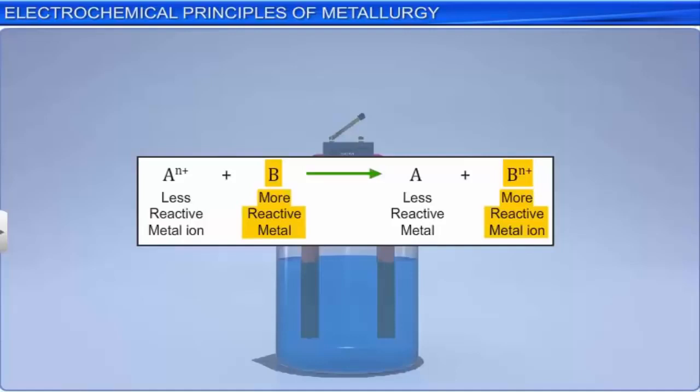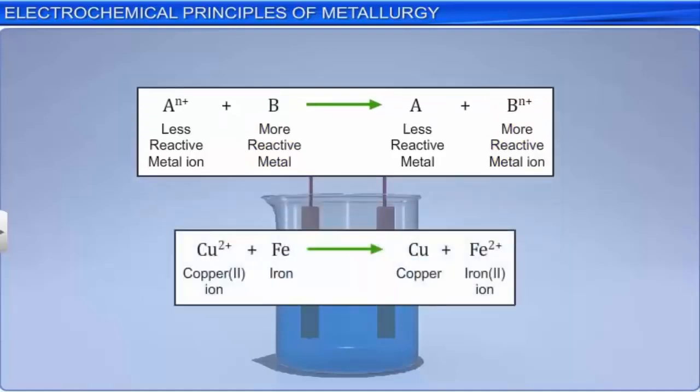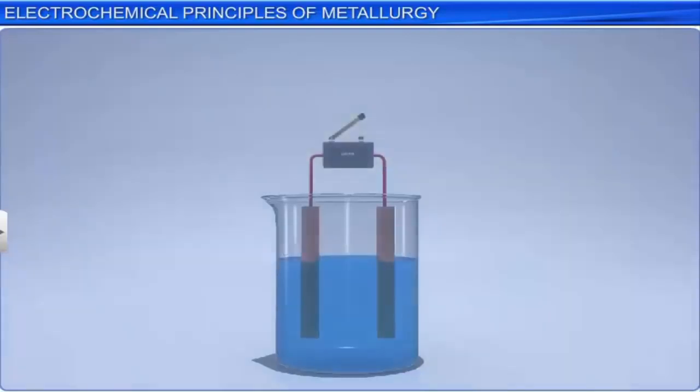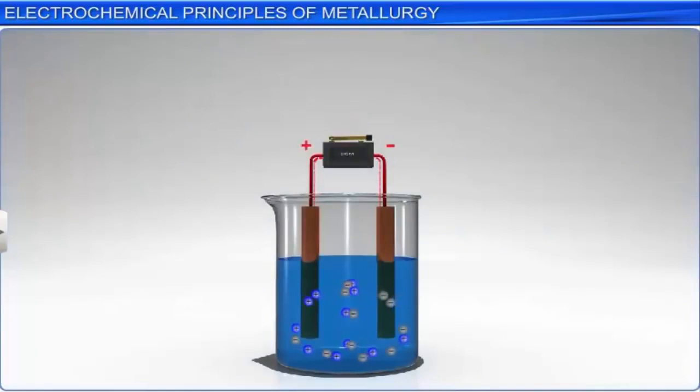For example, the reduction of Cu²⁺ to copper in the presence of iron. The corresponding equation is shown here. In a simple electrolysis process, the positive ions always move towards the negative electrode, called the cathode.